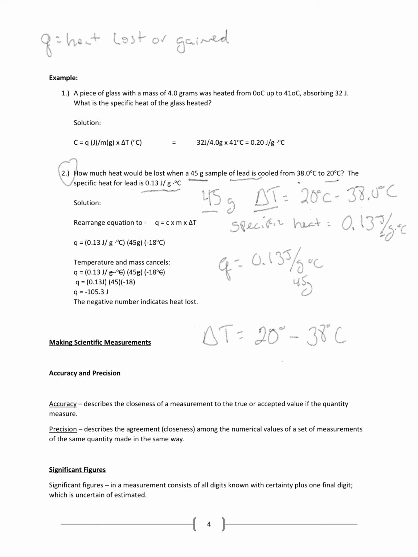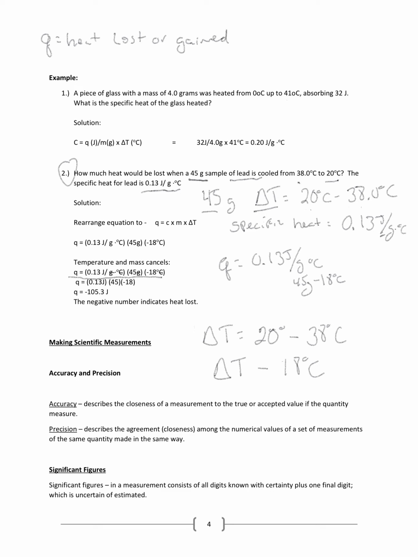And because we're subtracting 38 from 20, we're going to have a negative number. So the delta T is minus 18 degrees Celsius. In other words, the temperature went down 18 degrees. So this temperature change is going to be negative 18 degrees Celsius. Okay, and that's what I wrote over here.